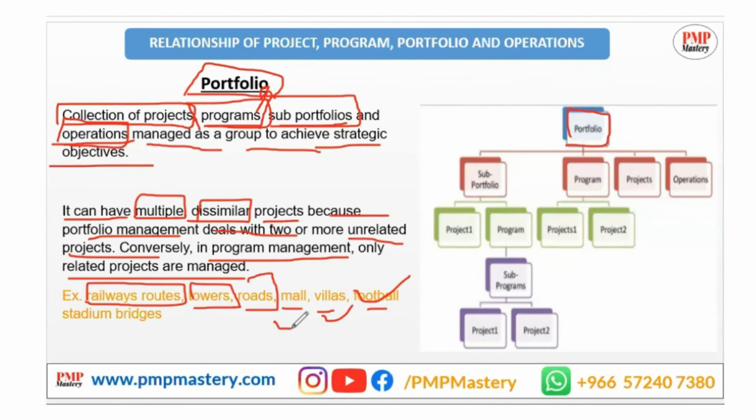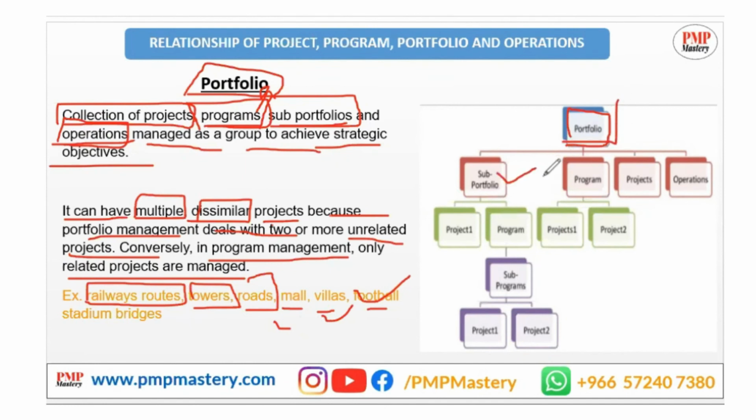If you are creating a football stadium, that is a different project, not related to railway routes, not related to roads. If you are creating villas, that is not related to the football stadium, and not related to the bridge. So these are dissimilar projects, and they are all managed under the portfolio.